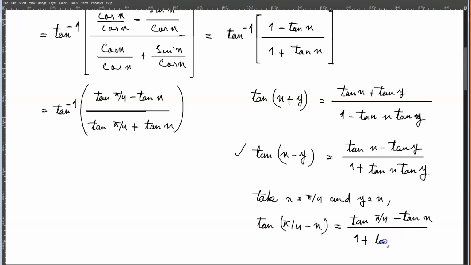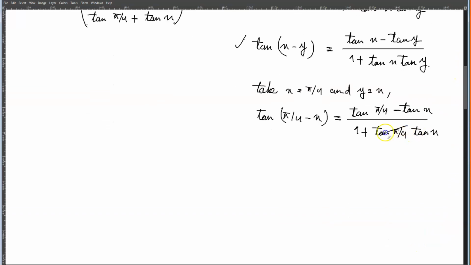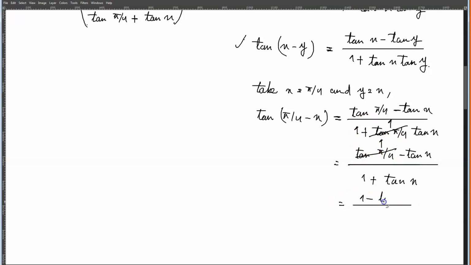So I don't have to write it really, but it's tan of pi by 4 and then I will have tan of x. Now since tan of pi by 4 is equal to 1, I can write this as tan of pi by 4 minus tan x over 1 plus tan x. And tan of pi by 4 of course is equal to 1 again. So I have 1 minus tan x over 1 plus tan x.